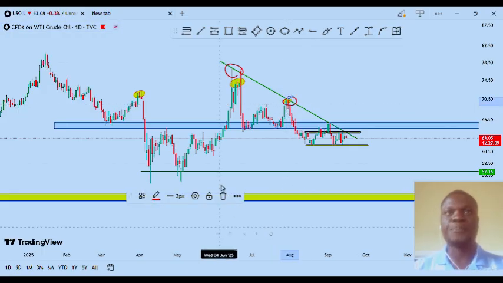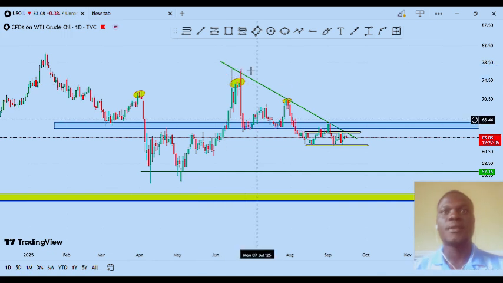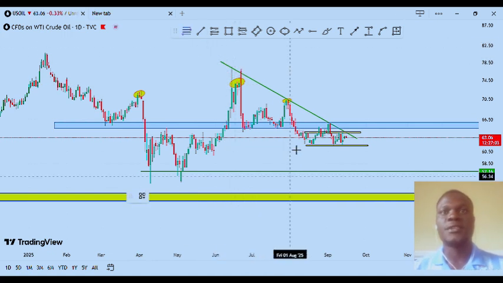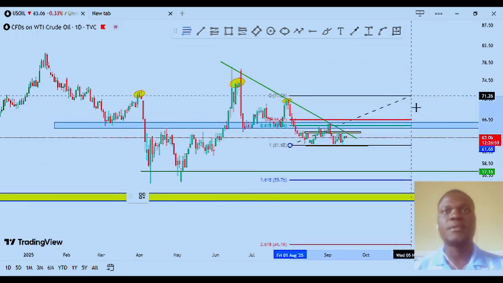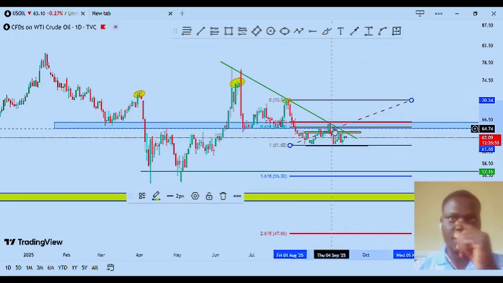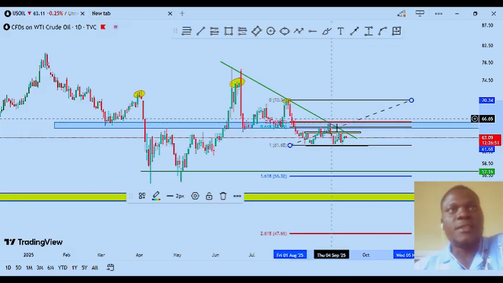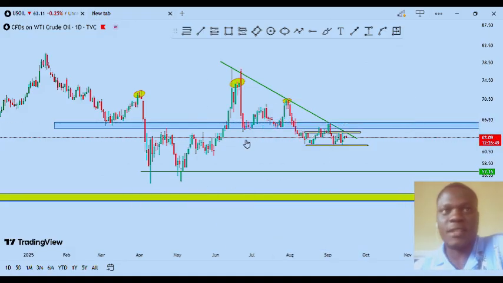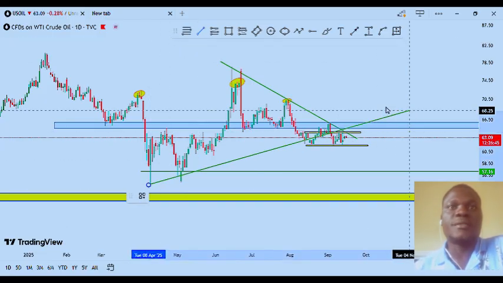And thirdly, the third reason is this Fibonacci retracement that we talked about earlier. This 50% Fibonacci retracement area. The fourth reason why I'm still favoring the downside is the breakout of this daily trend line.